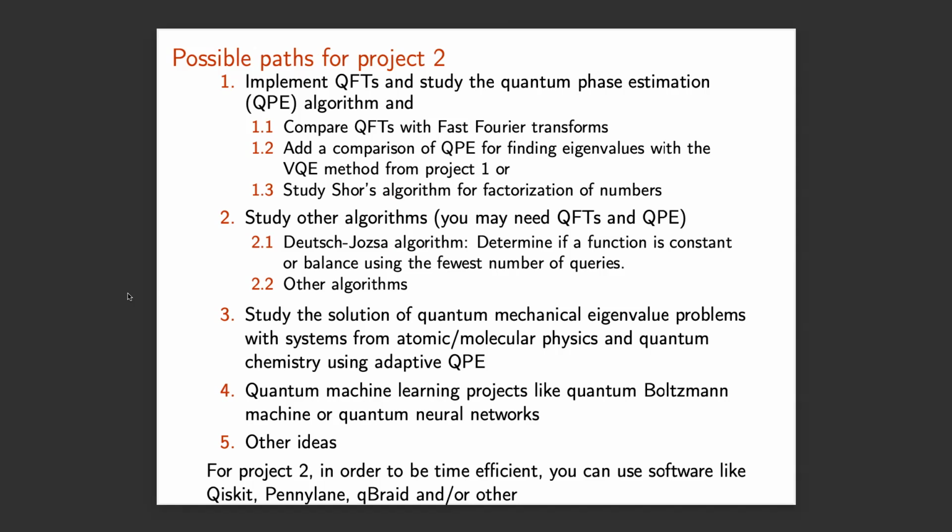Alternatively, you could also move into the calculation of more interesting physical systems from atomic physics, quantum chemistry, etc. So that's another path. And then we have quantum machine learning projects. There is one on Boltzmann machines, another one on quantum neural networks.